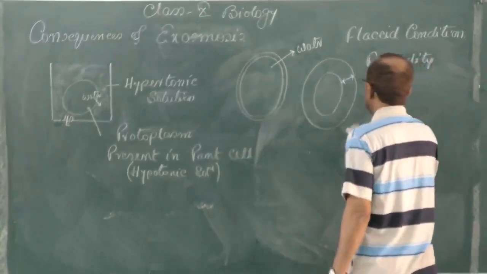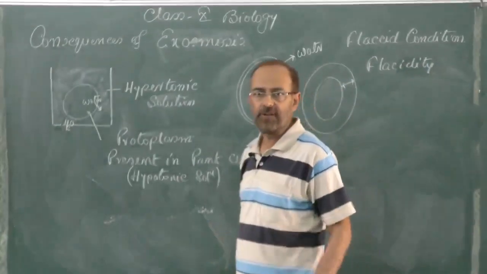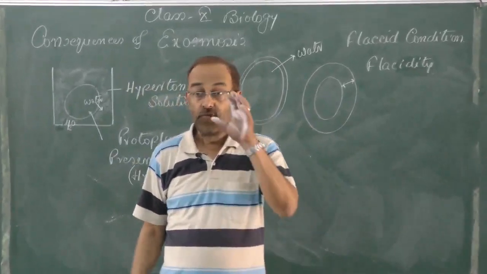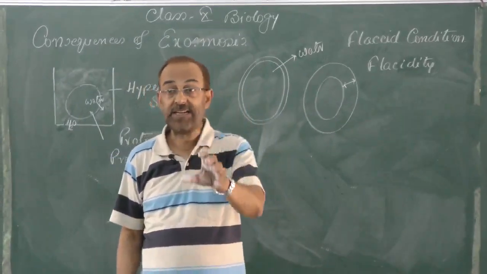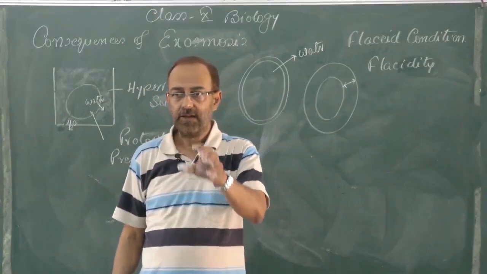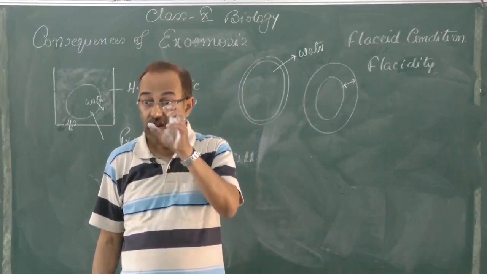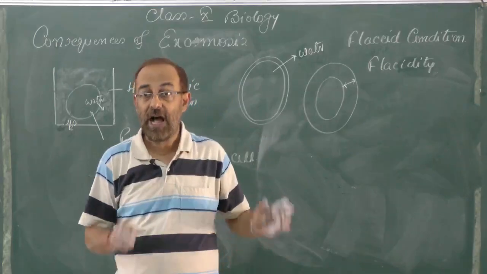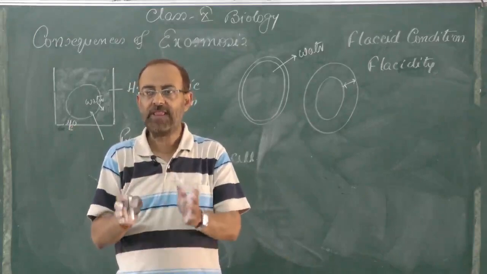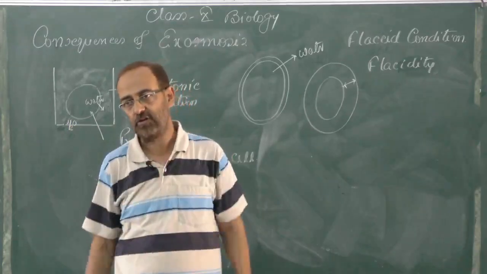Clear? So, flaccidity defines the state or condition of a cell, with shrunk mass of protoplasm after the process of exosmosis when the cell is placed in hypertonic solution.